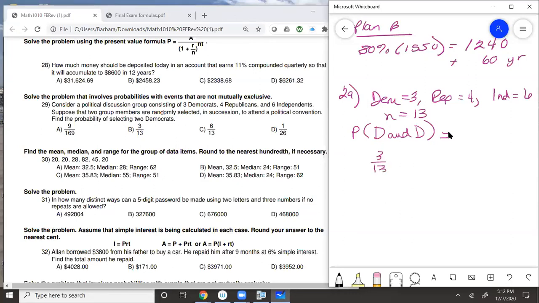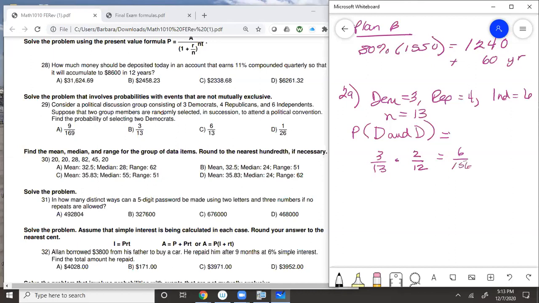Now the probability of getting the second Democrat, since 1 has already been chosen, there are 2 left out of 12. And that's equal to 6 over 13 times 12, which is 156.